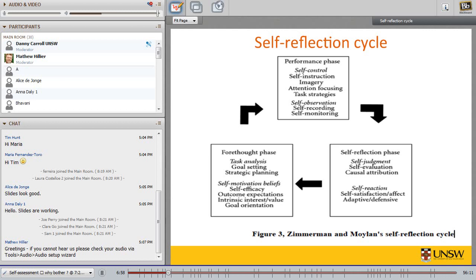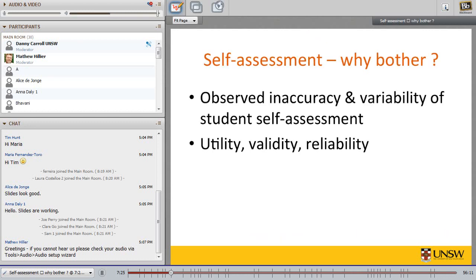In the performance phase, we got them to attend to feedback and to think about how they were processing their accuracy in relation to criteria-based estimates and feedback. And we asked them to then consider if they needed to calibrate their judgments before they did a second self-assessment. So in terms of how we designed the support and training of students to be more accurate self-assessors, we have a theory background and model to work with.